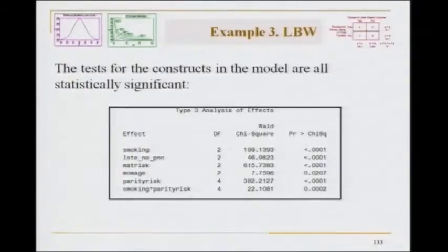So even though it's dichotomous, and then I have 2 slopes for maternal risk, 2 slopes for mom age. Parity risk, I've got 4 slopes because it's a set of dummy variables. And then the interaction term, and you can see everything here is statistically significant.